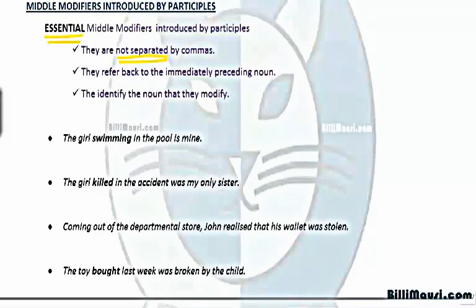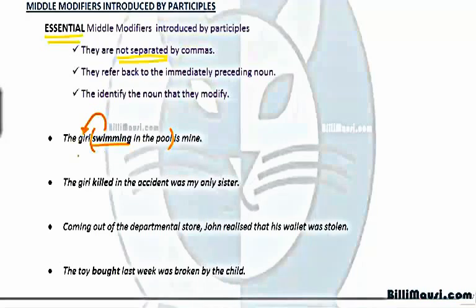The girl swimming in the pool is mine. So let's match them with the characteristics. The girl swimming in the pool. So we have this in parentheses, the girl is mine. It's a very generic statement, but if we just add swimming in the pool, so it is identifying the girl.